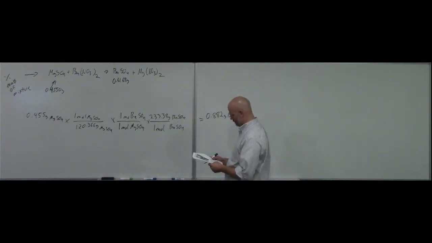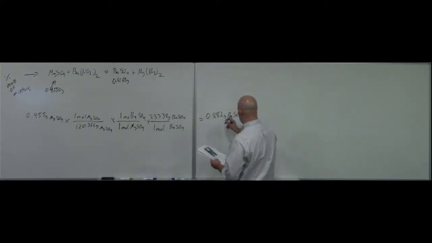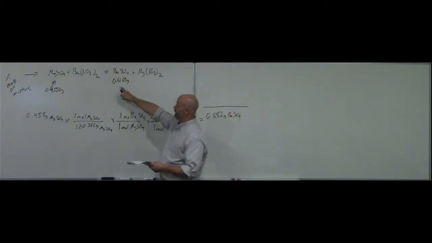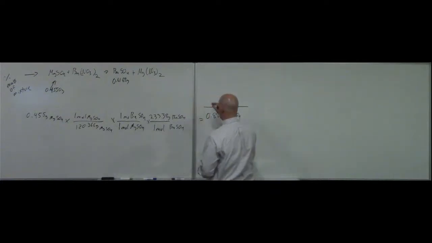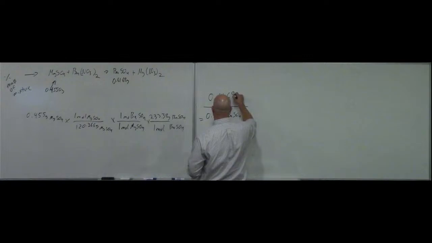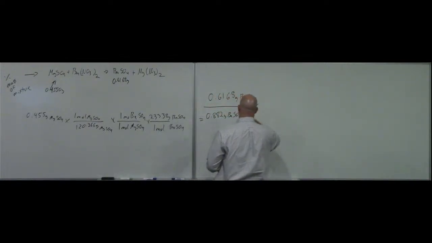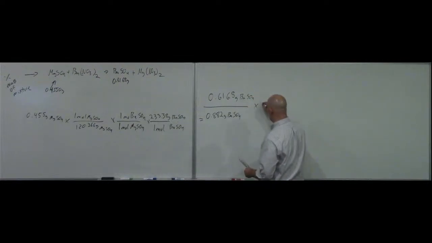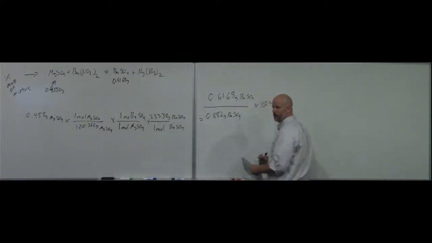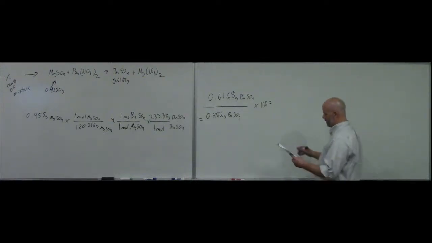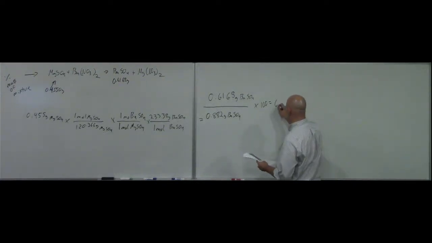So to do that, this is what I actually got, right? So I need to go 0.6168 grams of BaSO4. Multiply this by 100. And I will get 69.92.